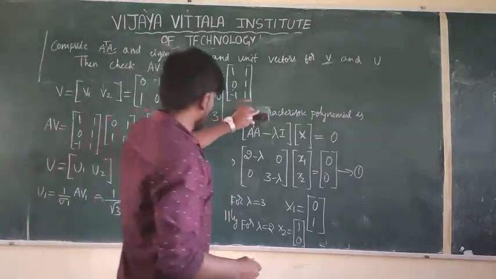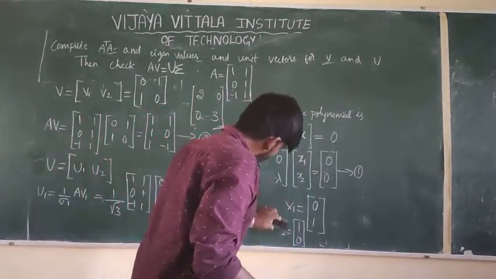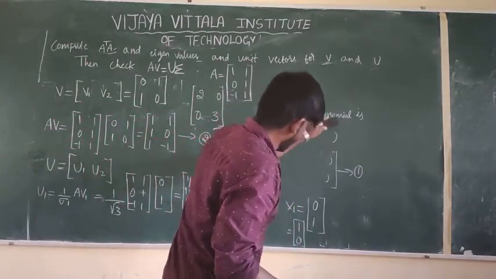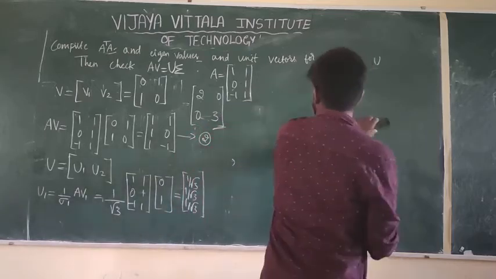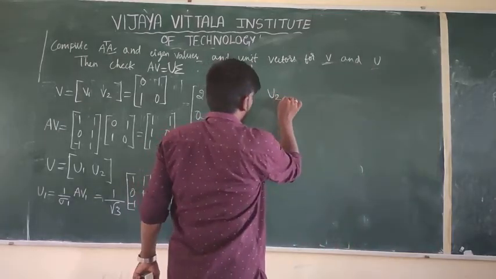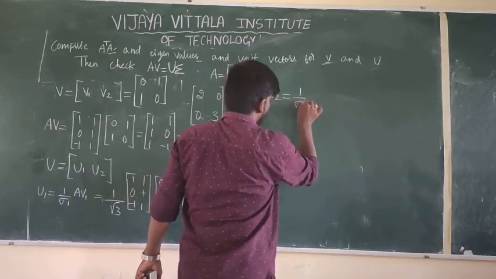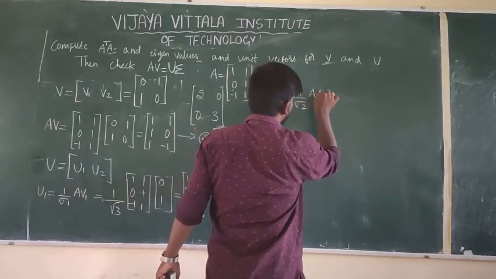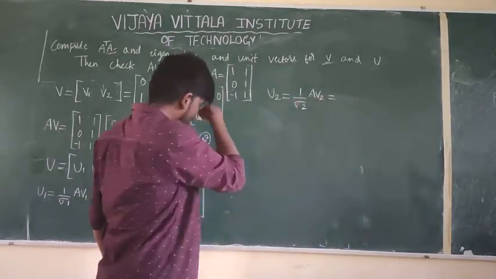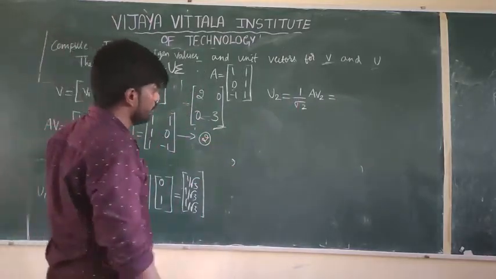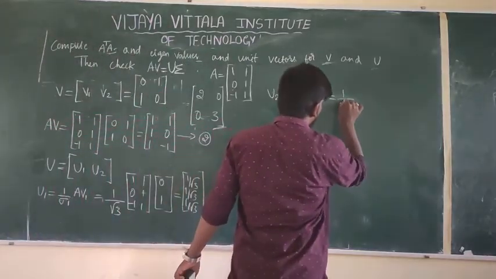And for U2, we have the formula 1 by sigma 2 into A into V2. Sigma 2 is the second singular value, 1 by root 2.